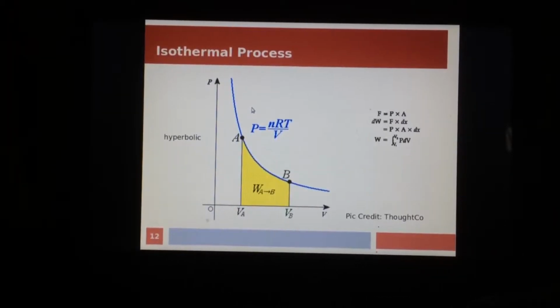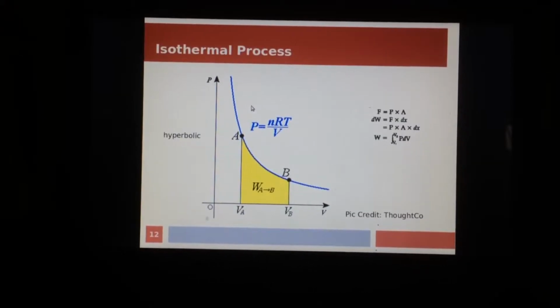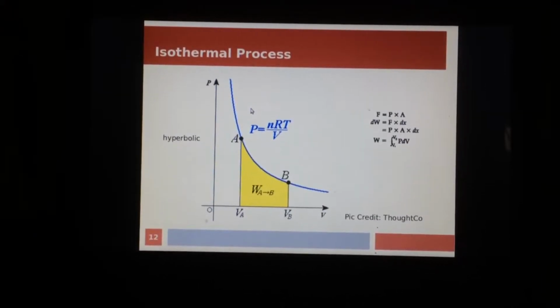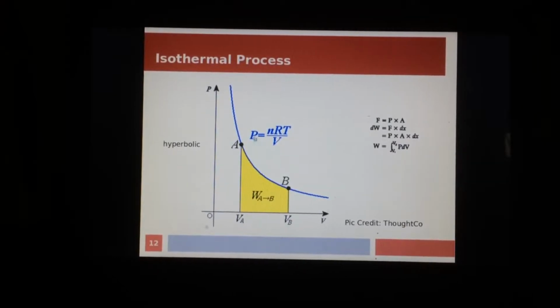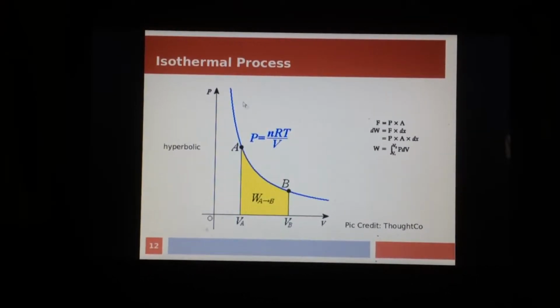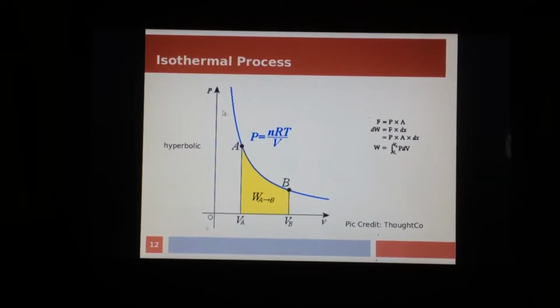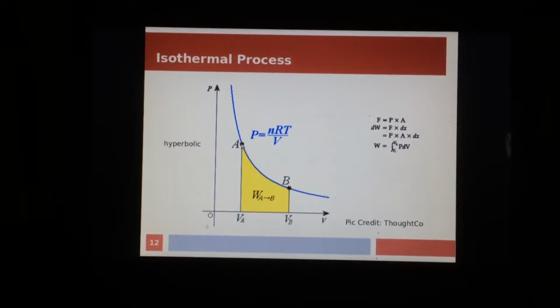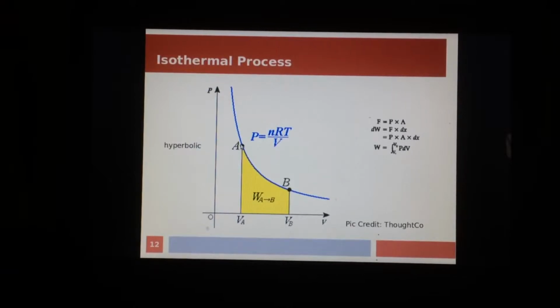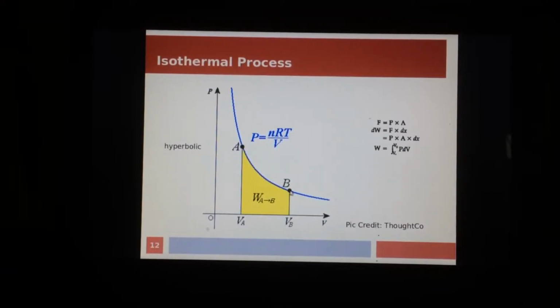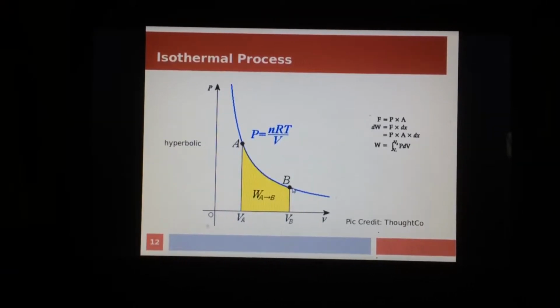This is an isothermal process. An isothermal process is where the temperature remains constant. For this process, we have this kind of hyperbolic plot in the PV diagram. Here the volume changes from VA to VB, and this point has one set of pressure and volume, and this point has another.